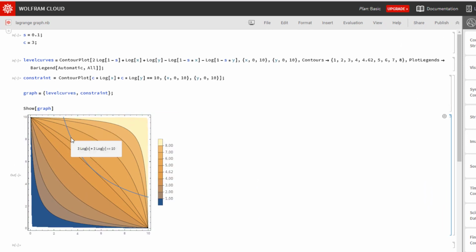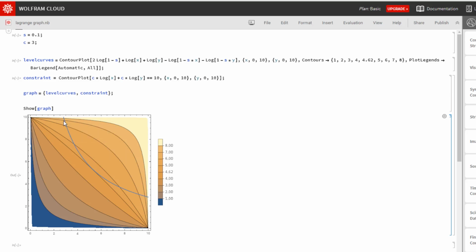Here I have a constraint where it's basically 3 natural log of x plus 3 natural log of y equal to 10. So this is all the points in the xy plane where that equation is true. That represented the constraint, with the 2 exhaust velocities at each stage being 3, the same for each stage, and a final velocity required of 10, let's say 10 kilometers per second.